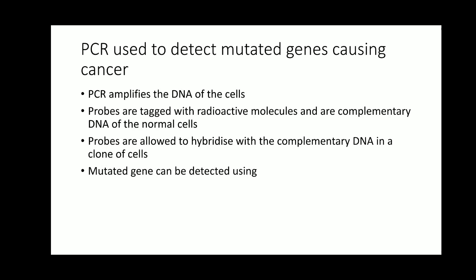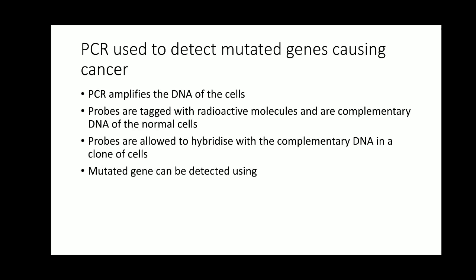Once the DNA is amplified, next the probes are used. Hybridization of the probes takes place. What is this hybridization of the probes? Probes are nothing but single stranded DNA or RNA that are complementary to the normal DNA.